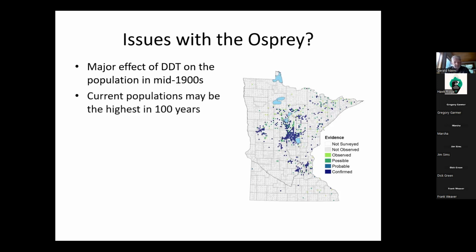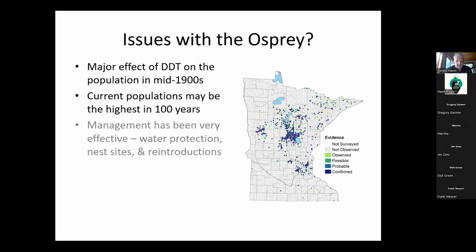However, there's some speculation that the current population may be the highest in at least 100 years in the United States, because of the recovery and all the other factors that affected that population in previous periods of time. Management has been very effective: water protection, nest sites, reintroductions of that species.